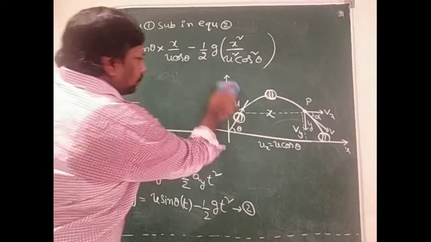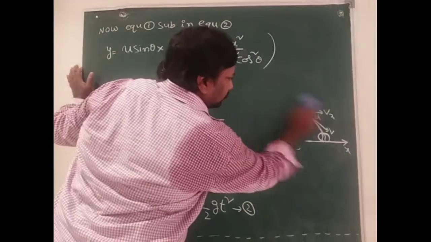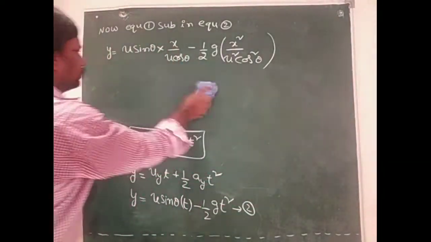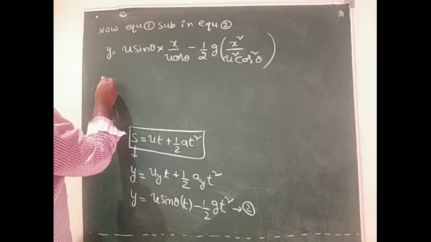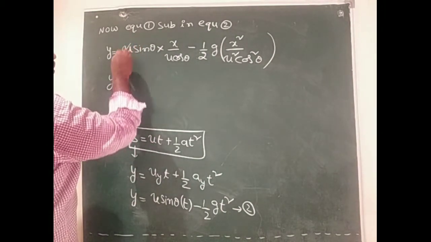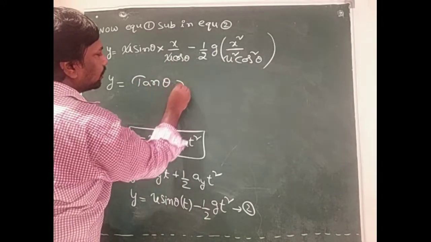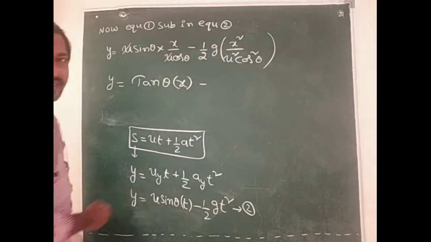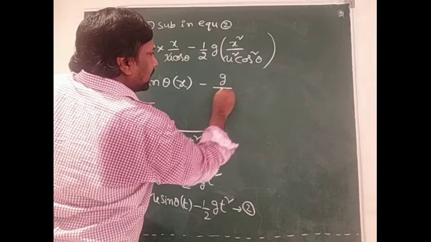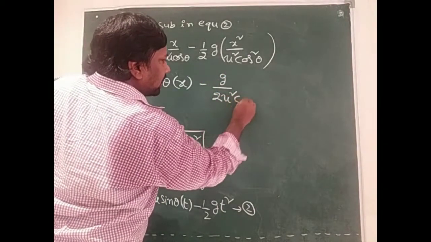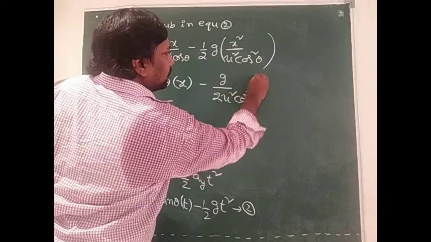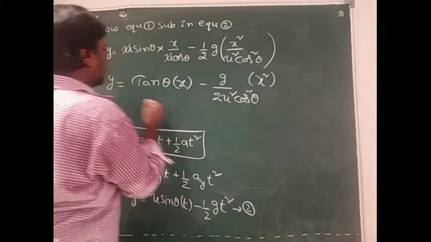So now y equal to u cancel, sin theta by cos theta, tan theta into x minus g by 2u square cos square theta into x square.